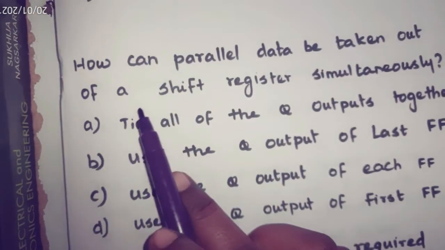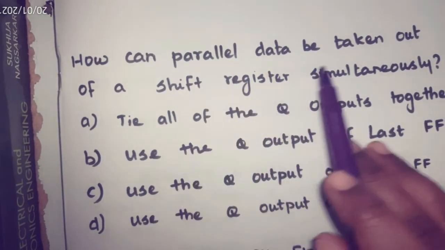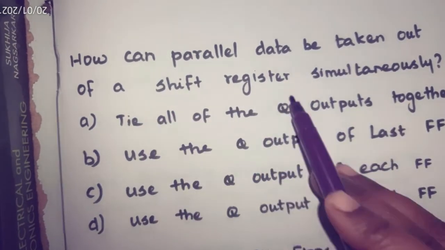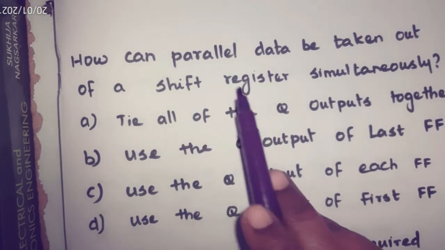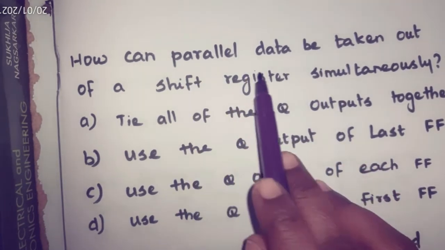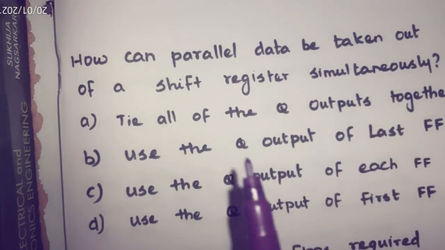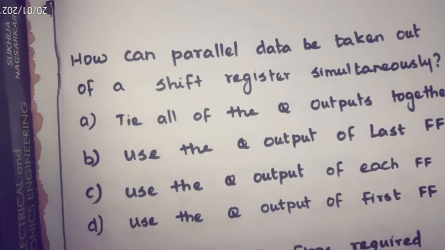How can parallel data be taken out of a shift register simultaneously? So we have a shift register, and we have to take parallel data. If you want to access the data in parallel, you have to take the output of each and every flip-flop.